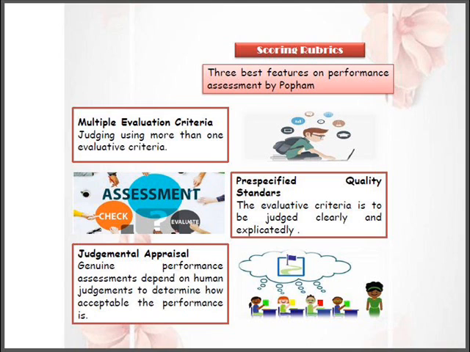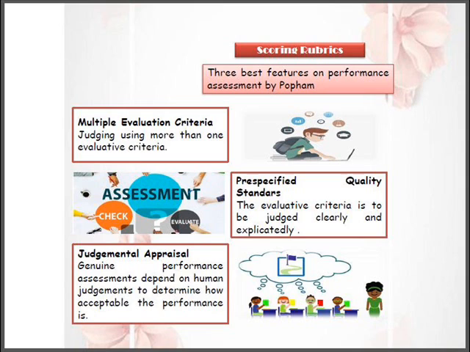There are 3 best features of performance assessment by Popham. 1. Multiple evaluation criteria. It is judging using more than one evaluative criterion. For the second, we have pre-specified quality standards.